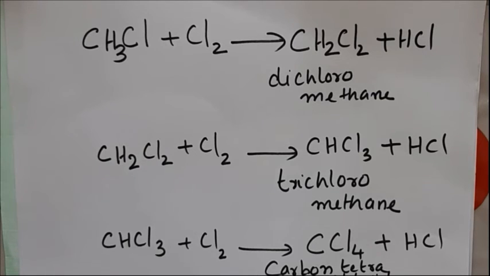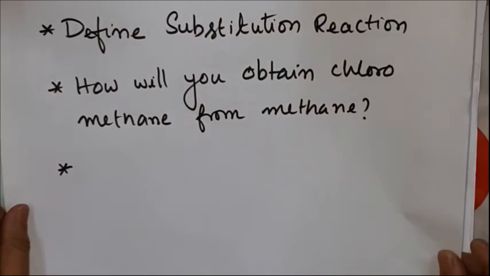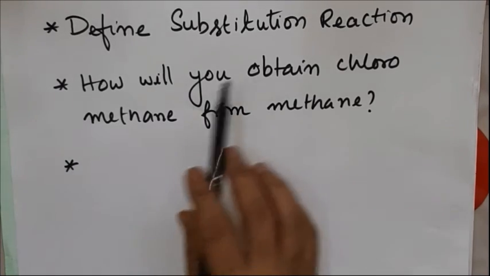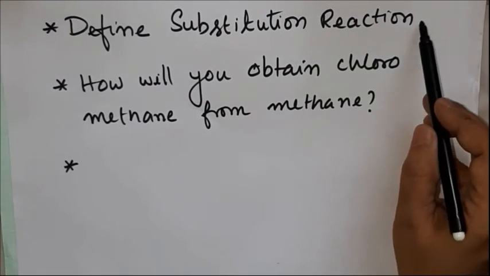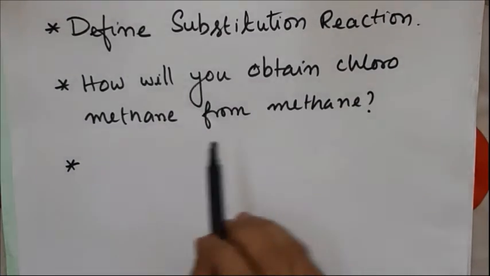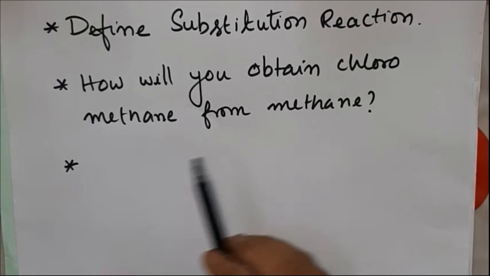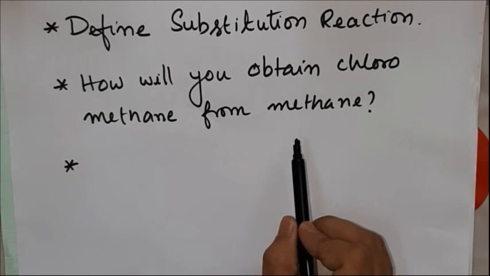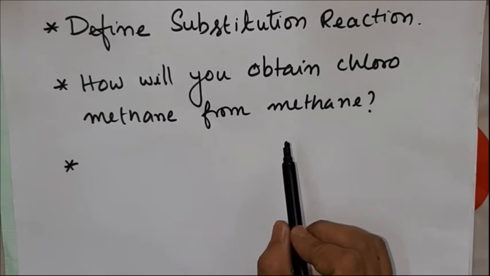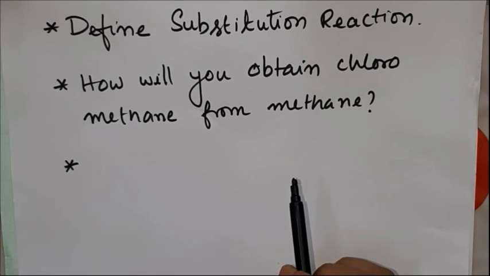So you have understood the meaning of substitution reaction and you are in a position to define substitution reaction now. Now the two possible questions from this topic. Define substitution reaction. How will you obtain chloromethane from methane? For such a question, you need to describe it with the equation.